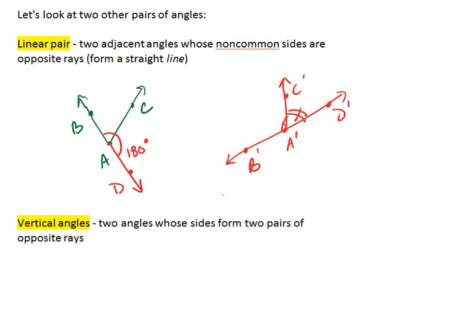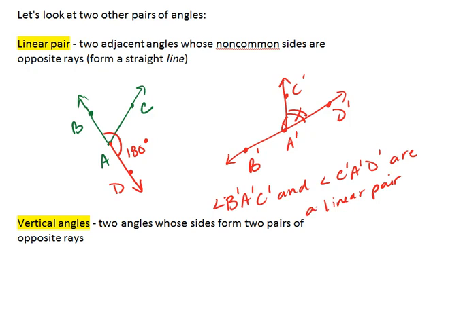We have angle B prime, A prime, C prime, and angle C prime, A prime, D prime are a linear pair. Similarly, we see that angle BAC and angle CAD are another linear pair.